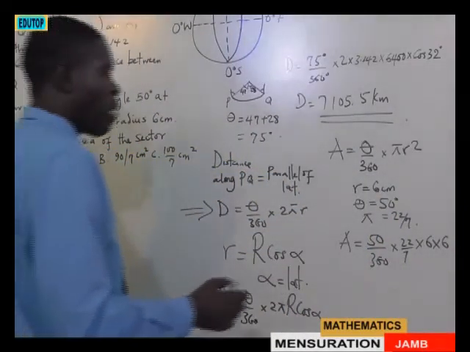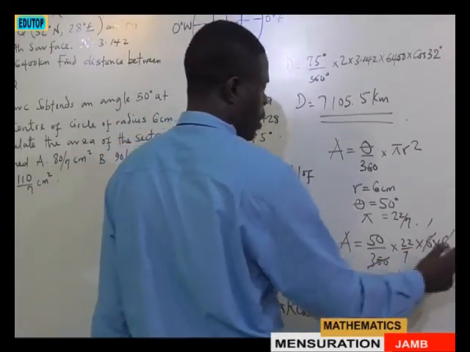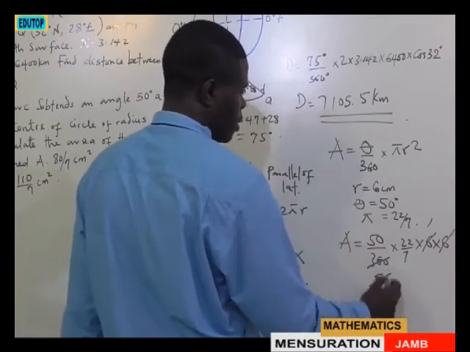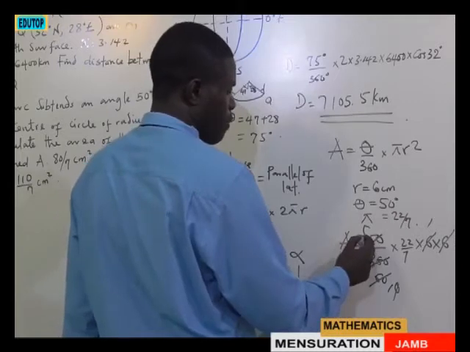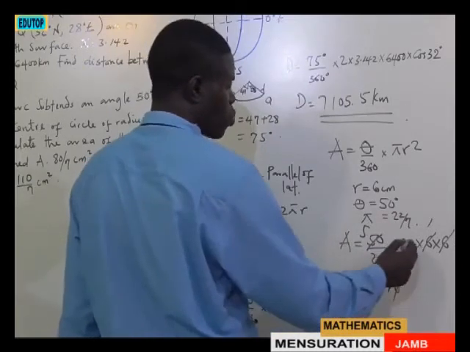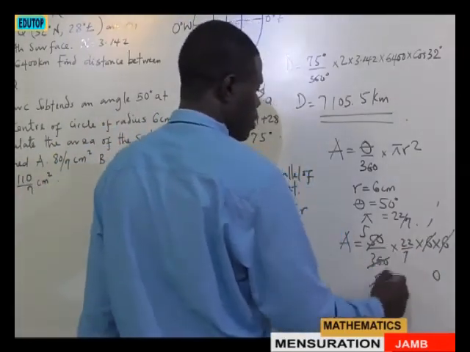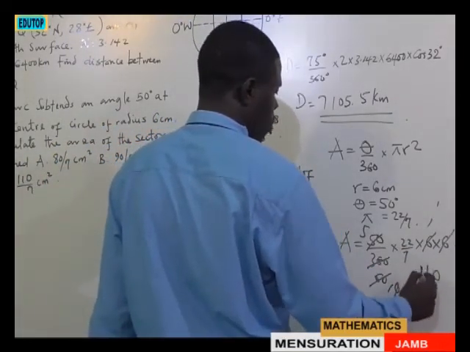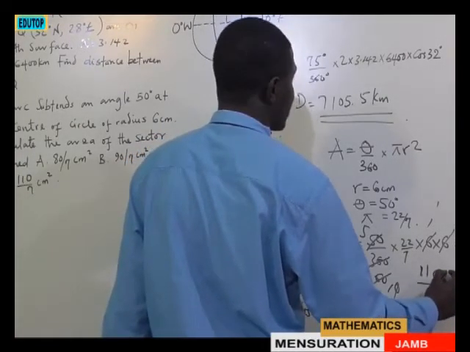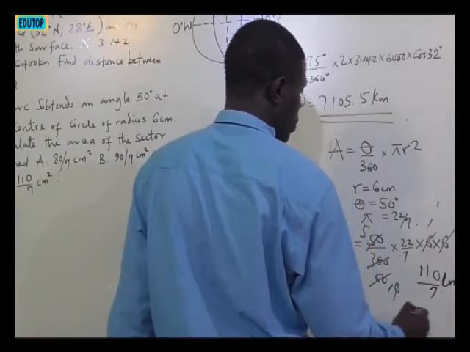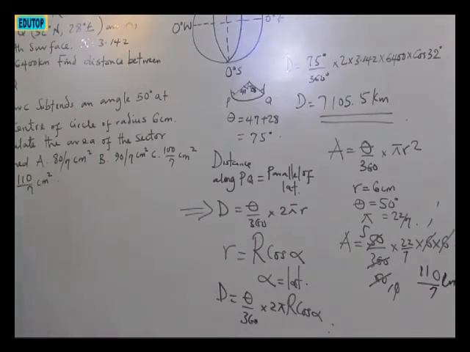Cancelling out, we are left with 5 times 22 over 7, which gives 110 over 7 centimeter squared. That will definitely be option D.